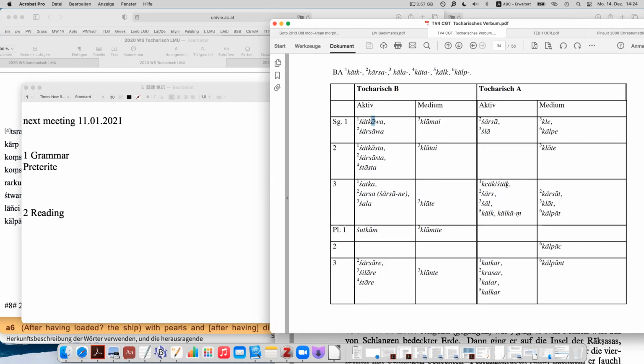So we would expect something like sh, t, k. But usually we don't write two consonants at the end. I think it's also like Sanskrit, where you would not have a double consonant at the end of the word. So you would change the syllable structure a little bit. That's why we have shutaka here.